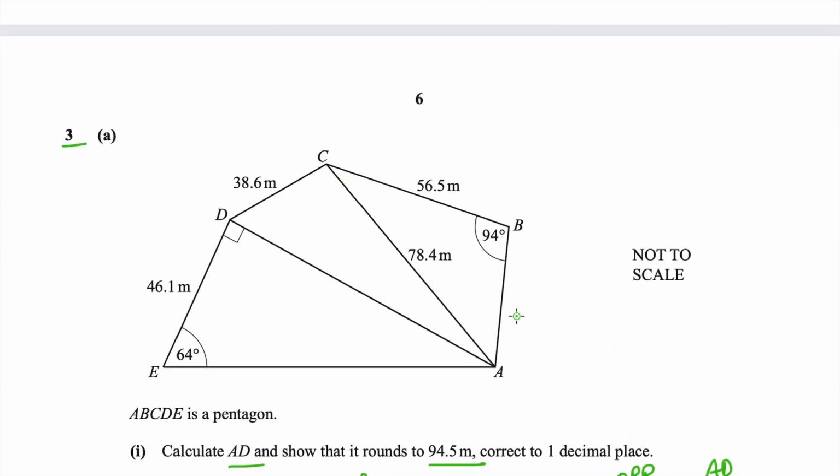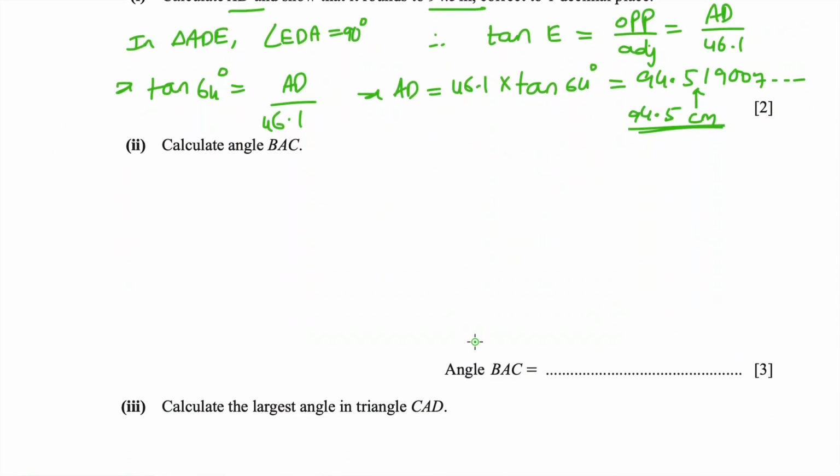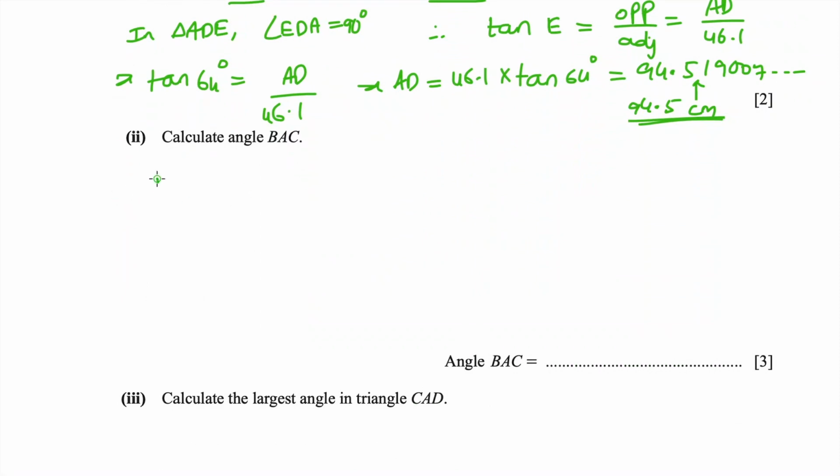Calculate angle BAC. Now we have this angle and its opposite side. We have the opposite side, but we need to calculate this angle. So we can use the sine rule. In triangle ABC, using sine rule, what will happen?